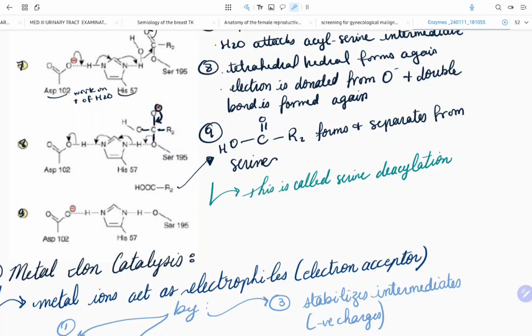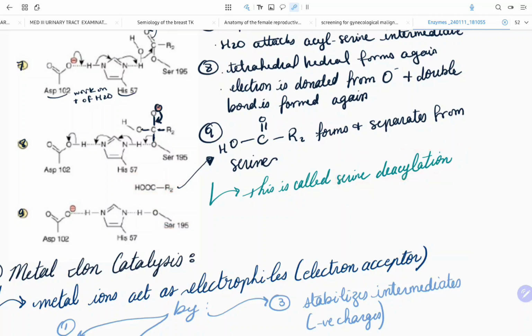So it goes back to looking like this: C double bond O, R2, and OH. 1, 2, 3, and 4. Makes sense. So this is released, and serine goes back to its family. And this is called serine deacylation.